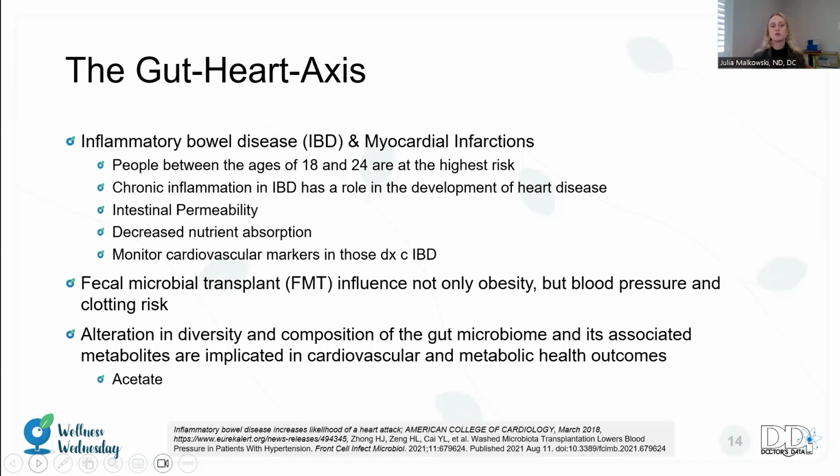Additional considerations would be inflammatory bowel disease and myocardial infarction. So individuals that are diagnosed with IBD actually are predisposed to myocardial infarction risk, and that's going to be individuals that are relatively young, between the ages of 18 and 24. Now, the exact mechanism is not understood, but the hypothesis is that individuals with IBD are dealing with chronic inflammation, and there's also a role for intestinal permeability.